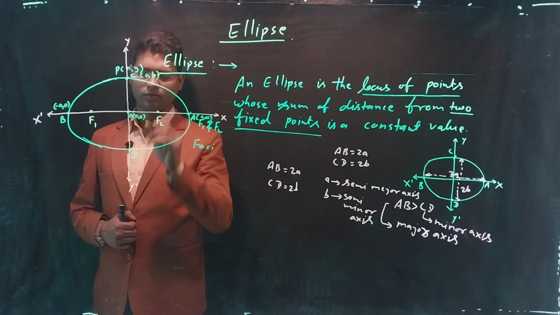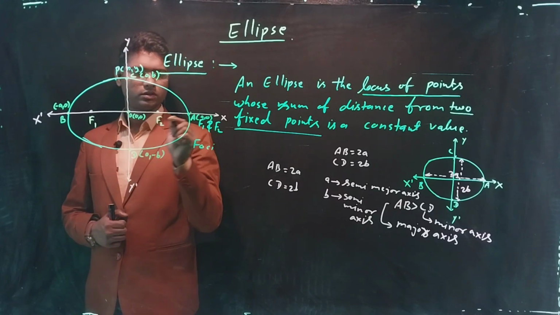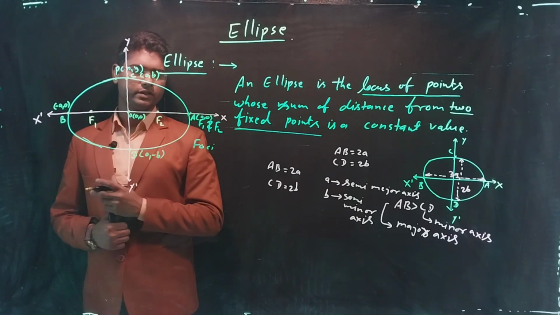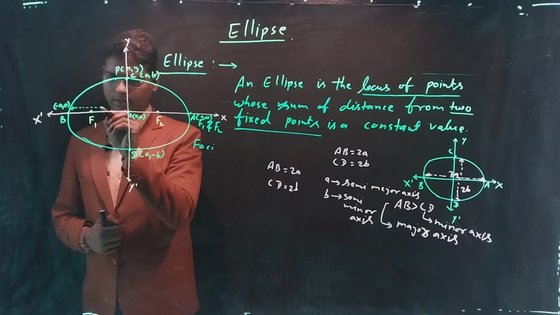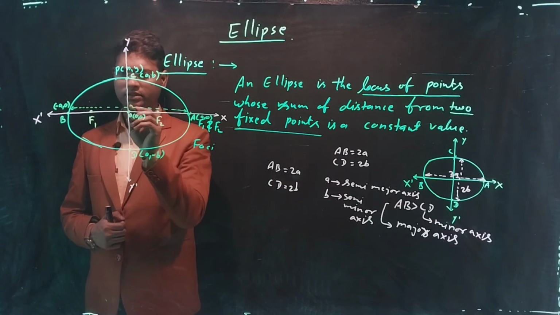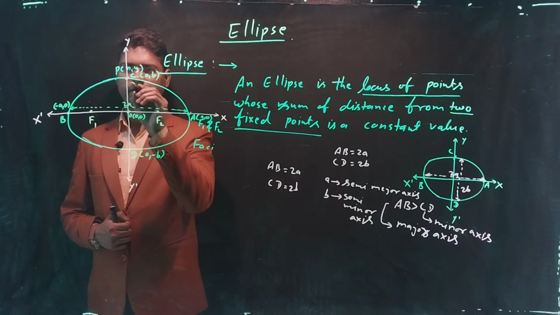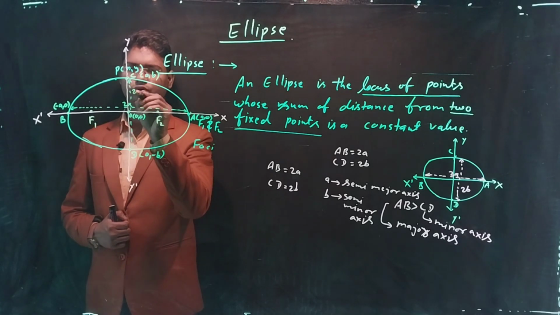Coordinate of C will be 0, b, and coordinate of D will be 0, minus b, because the length of AB, which is the major axis, is 2a. From A to B this length will be 2a, and from C to D this length is 2b.